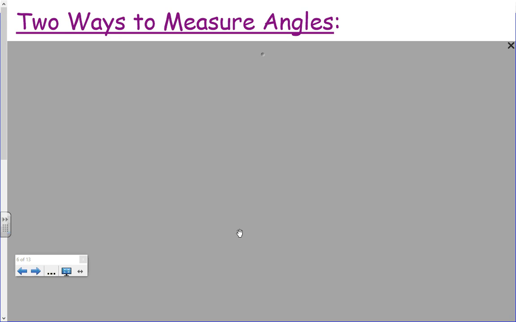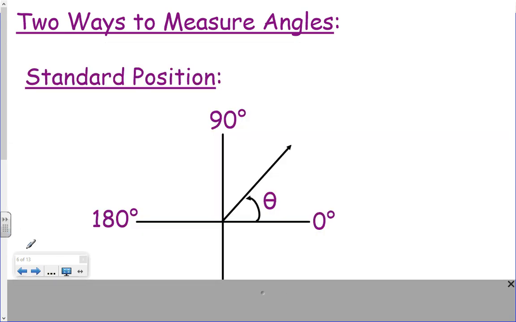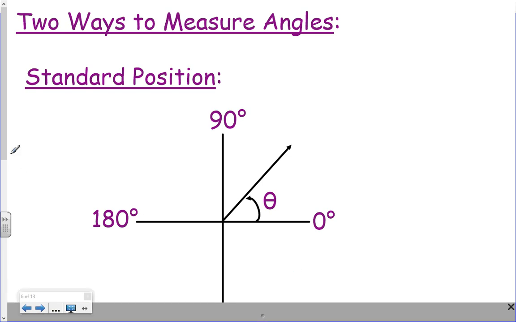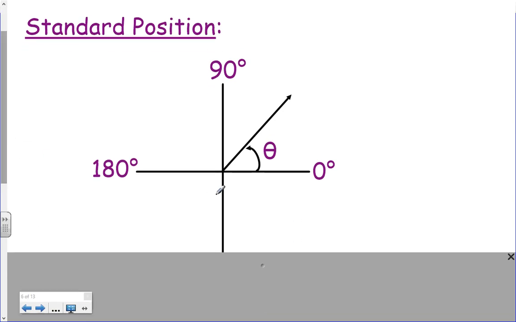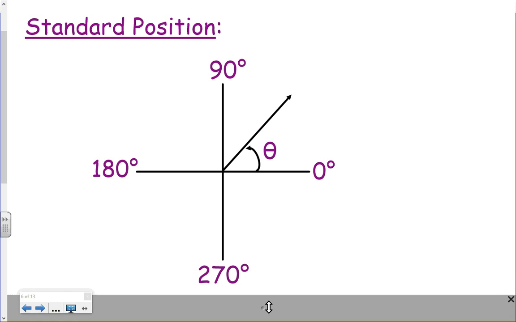All right. Let's talk about a couple of different ways that you can measure angles. You now are very familiar with the first way, which is measuring angles from standard position. When we talk about measuring an angle from standard position, 0 degrees is the positive x-axis. You measure this in a counterclockwise direction to get a positive angle.